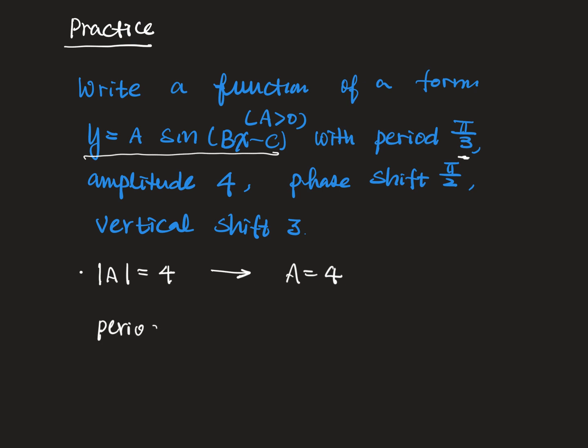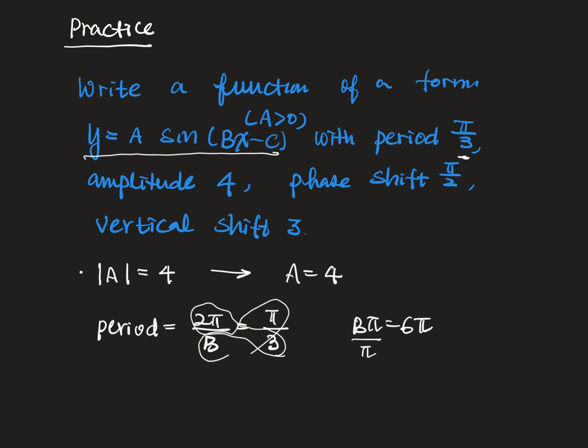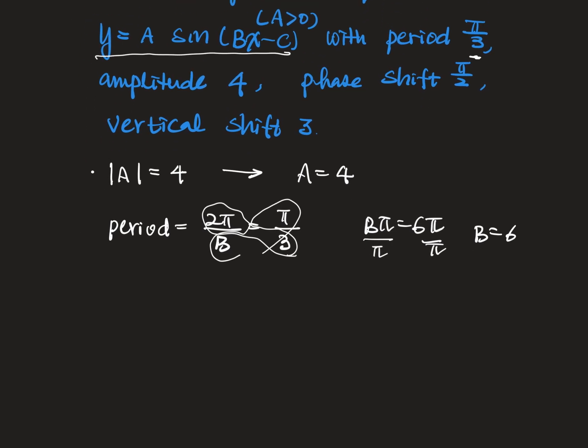The period is 2 pi over B. They say pi over 3. Let's solve it. Cross multiply: B pi equals 6 pi. Divide by pi on both sides. B is going to be 6. You found the B value.